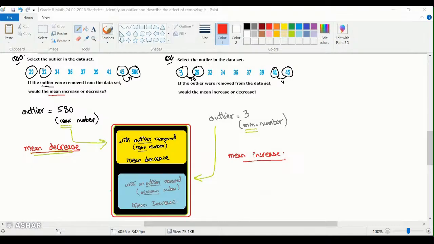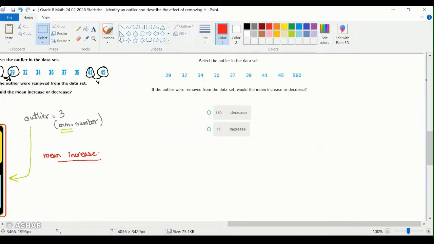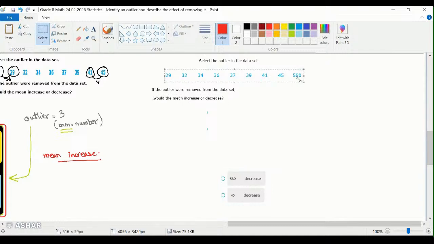So the question says, if we select an outlier in a data set such that this information is provided. Okay, I'll just copy the question and let's see the effect. They are asking what effect it would have on this data set.